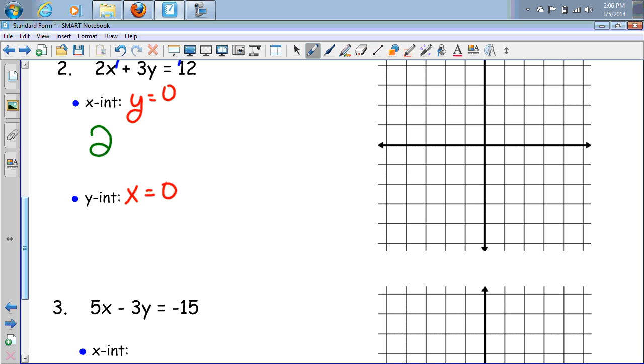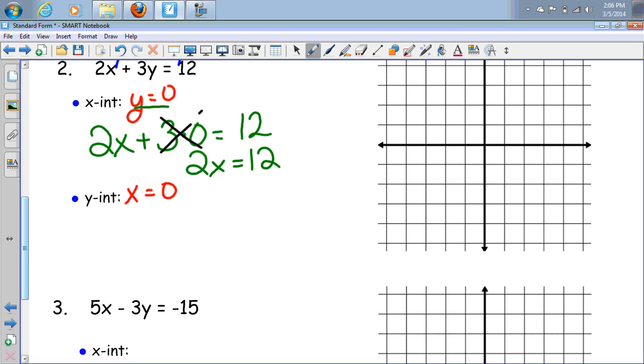We're going to do 2 times x, which stays the same, plus 3 times, what's our y? 0, good, equals 12. 3 times 0 is going to cancel out, because any number times 0 is 0. So now I'm left with 2x equals 12. Can I solve for x? I need to divide both sides by 2, and I get x equals 6.